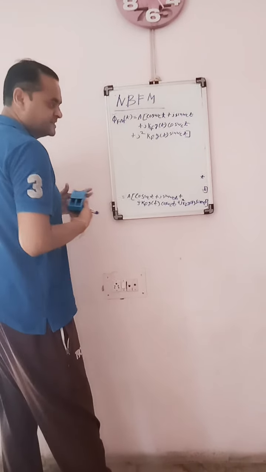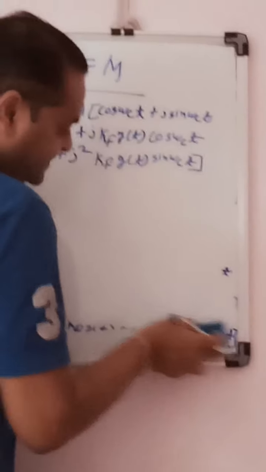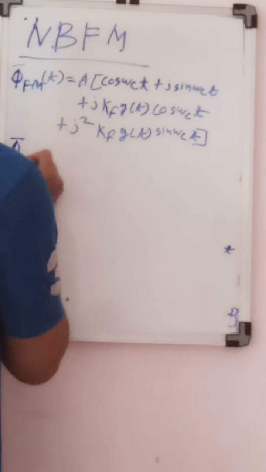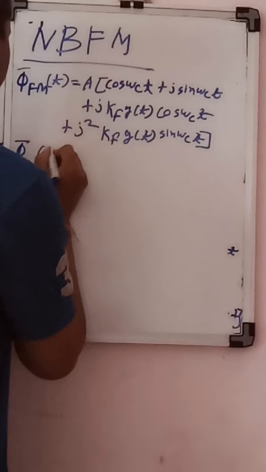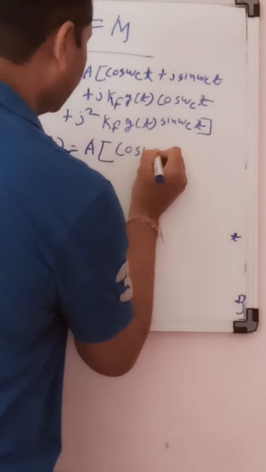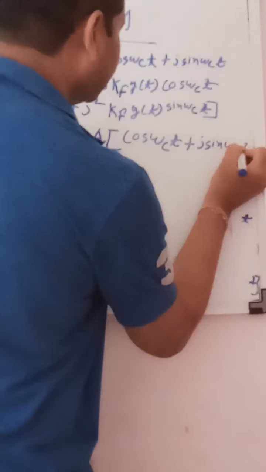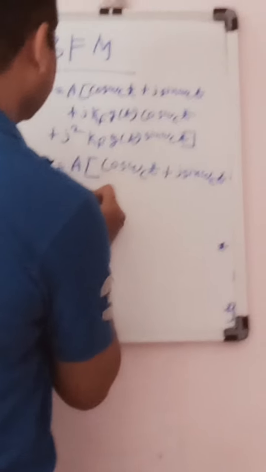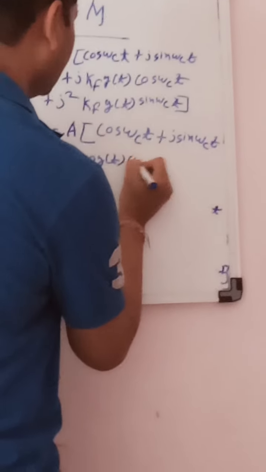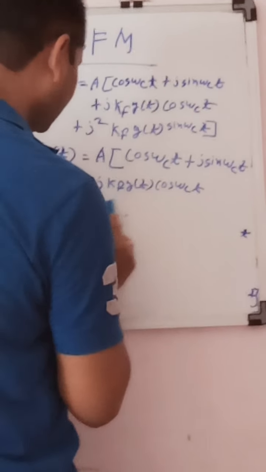Now I just erase the expression which I have written below. So phi bar FM(t) is equal to a cos omega ct plus j sin omega ct plus jkfg(t) cos omega ct plus this j square, which means minus 1.